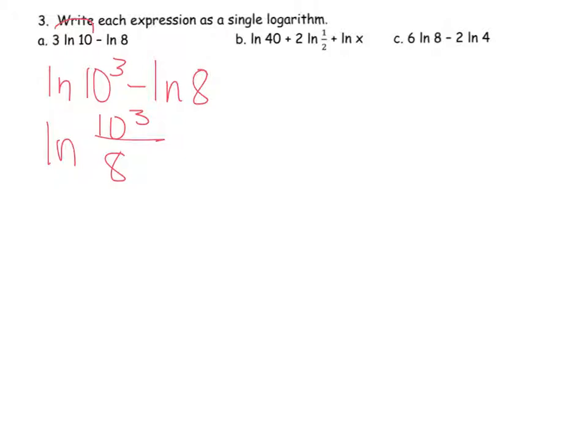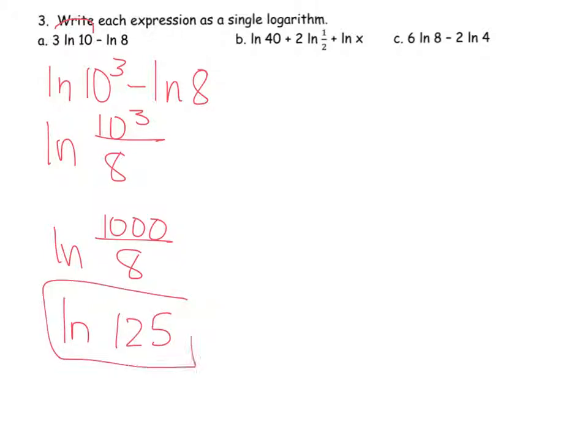And then I'm actually going to evaluate 10 to the third power, which is going to give me 1,000. So I have natural log of 1,000 over 8. And I can even go a step further and divide 1,000 by 8 and get the natural log of 125. And we're not going to evaluate here because all they wanted was for us to write it as a single log.